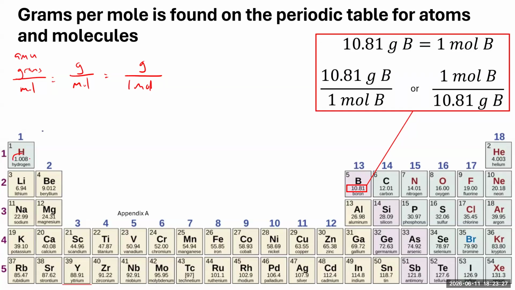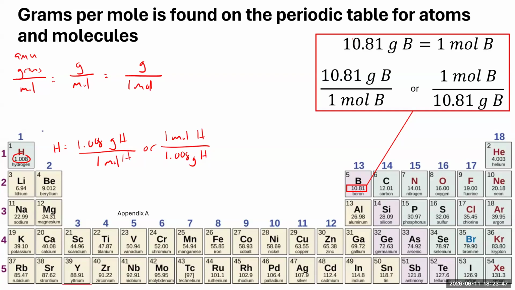And these are those numbers. Hydrogen equals 1.008 grams of hydrogen per 1 mole of hydrogen. I can also write it as 1 mole of hydrogen over 1.008 grams of hydrogen.